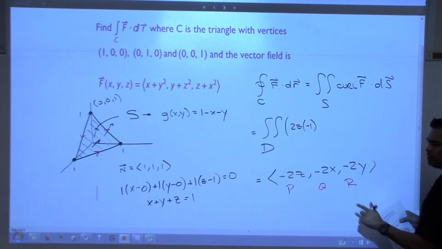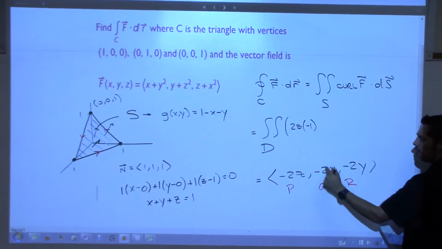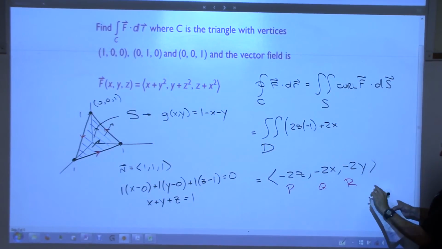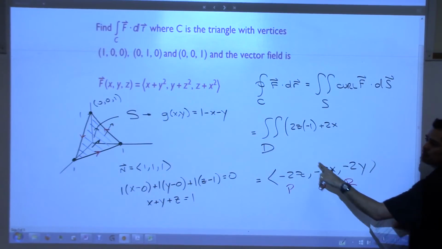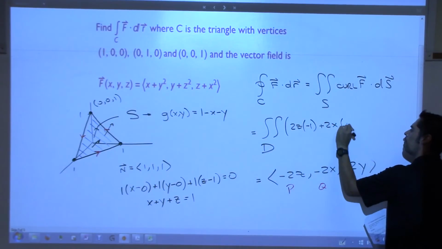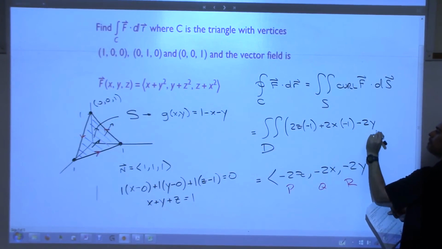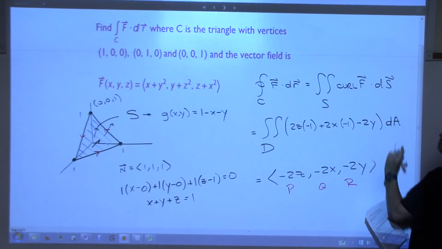Then minus Q would become plus 2x, times the partial of g with respect to y, which would be negative 1. And then finally, plus R, minus 2y, dA.